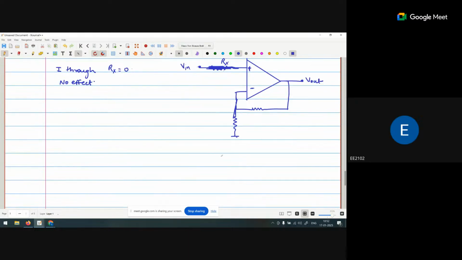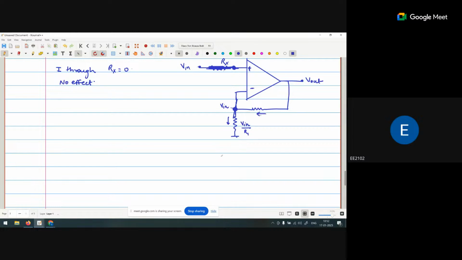Again, similarly, if the voltage here is V in, because of this voltage, the current is V in by R1.